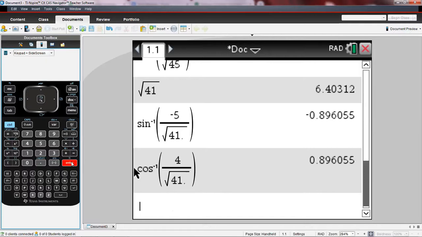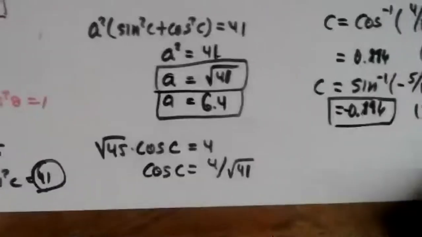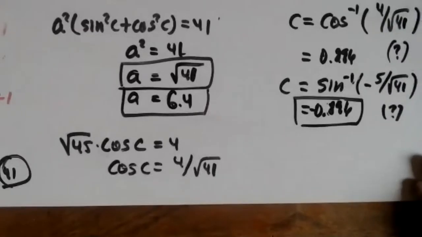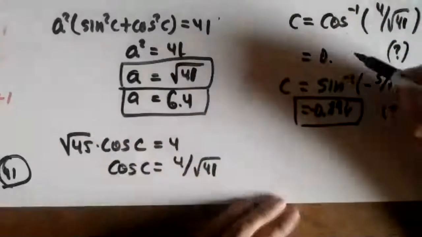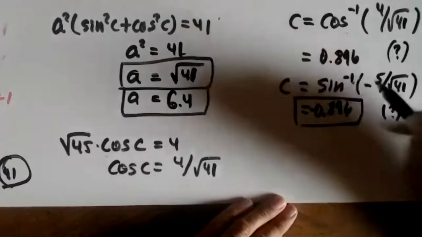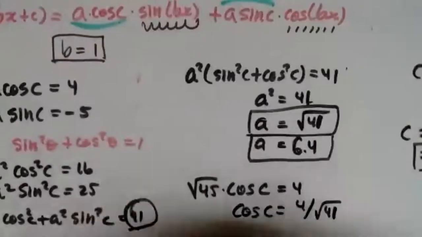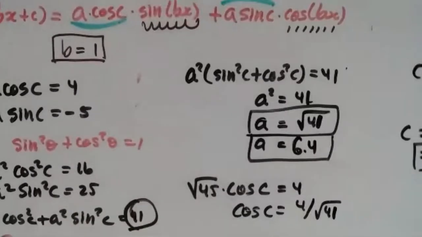So it's positive 0.896. So my numbers change, right? So my numbers are 6.4 and 0.896, right? And then I'm going to check again in Desmos my numbers.